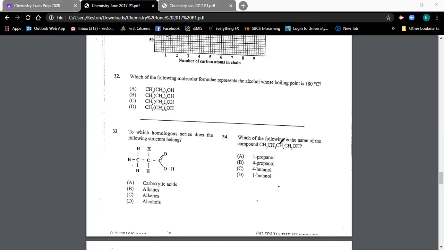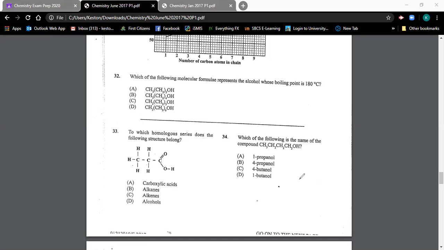34. Which of the following is the name of the compound? 1, 2, 3, 4. Meth, eth, prop, but. Jaden has D. Anybody else?